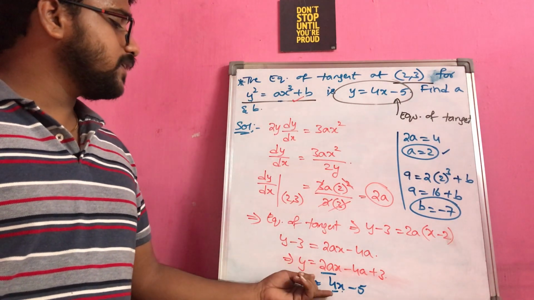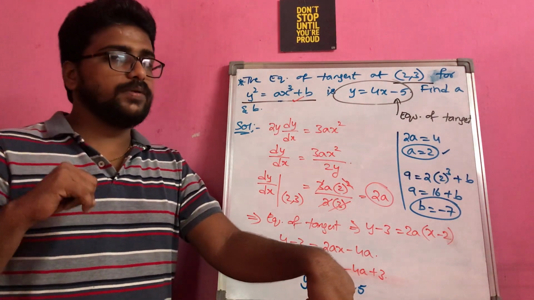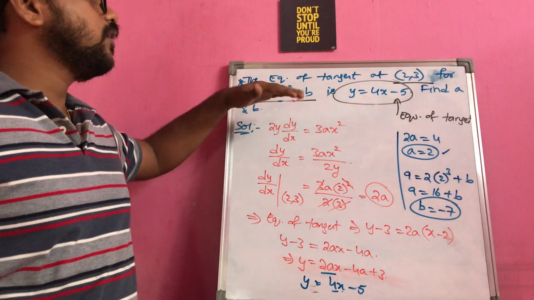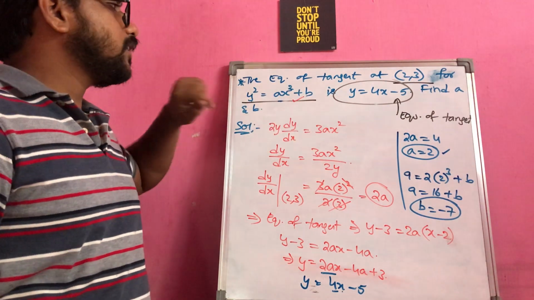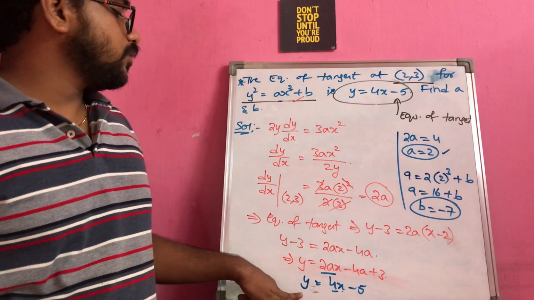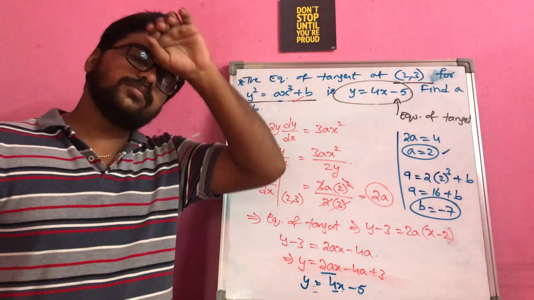Then I compared, and I just got the value of a, but they are also asking to find the value of b. The scope for getting b is only from this equation, that's why I substituted the point (2, 3) here, and then substituted the value of a as 2, and I am left with b is equal to minus 7.